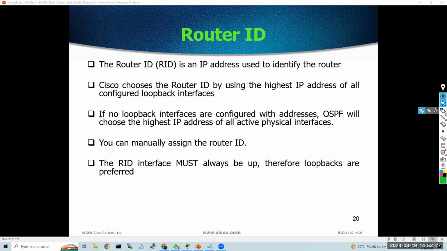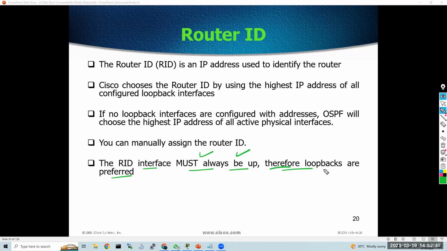Now, when you configure, the router ID must always be up. Therefore, loopbacks are preferred. What does it mean, guys? The router ID must always be up, because if the router ID is down, it means your entire network is down. Remember this.